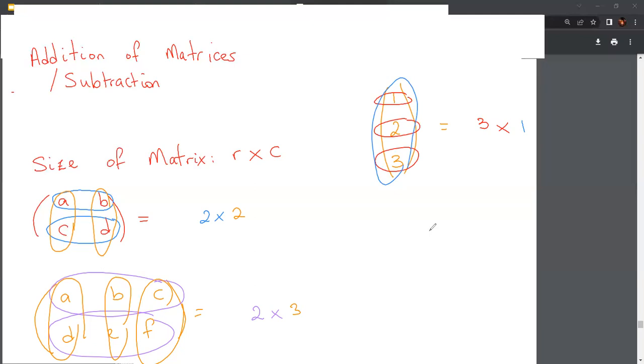Or if I gave you 1, 2, 3 like this and this, they are different. They are not the same size. This one is a 3 by 1. And let's see this one. This one is going to be 1 row by 1, 2, 3 columns. So this one is a 1 by 3 matrix. They are different.